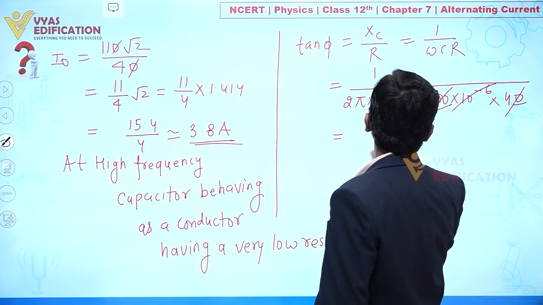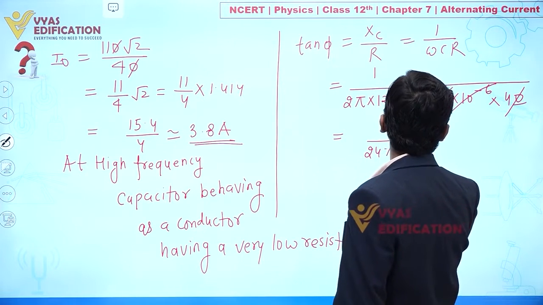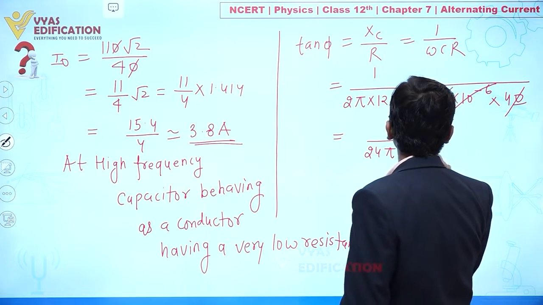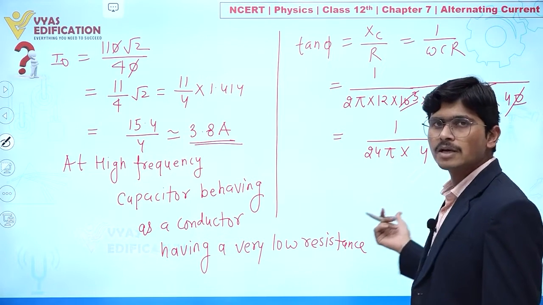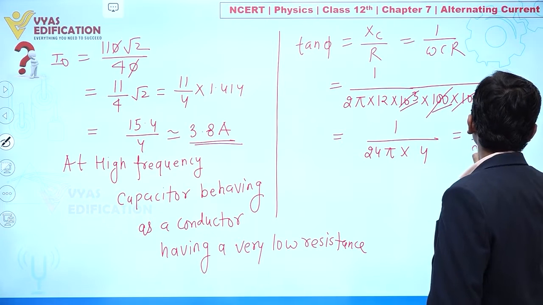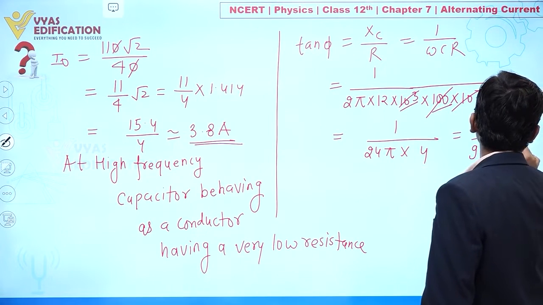From here this is equal to 24 pi multiplied by 4. So near about 24 multiplied by 4, 96. So 1 upon 96 multiplied by 3.14.